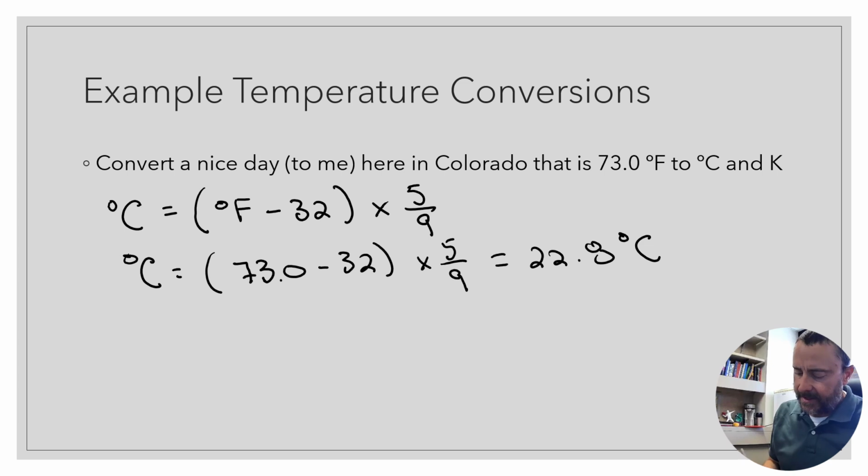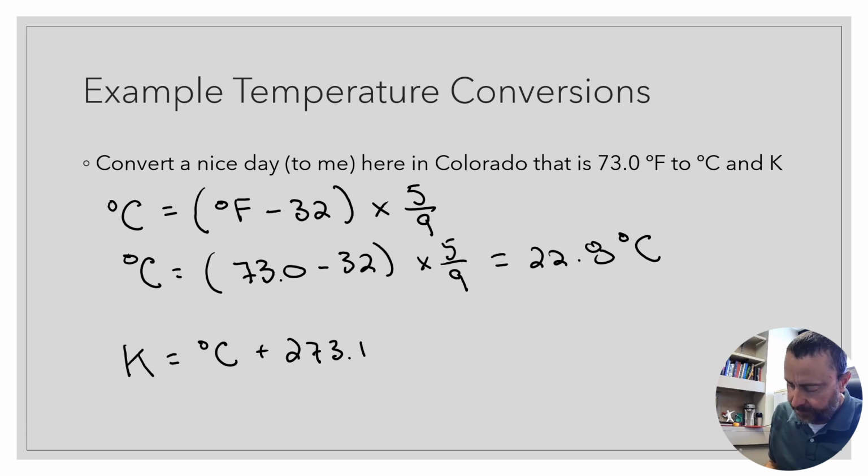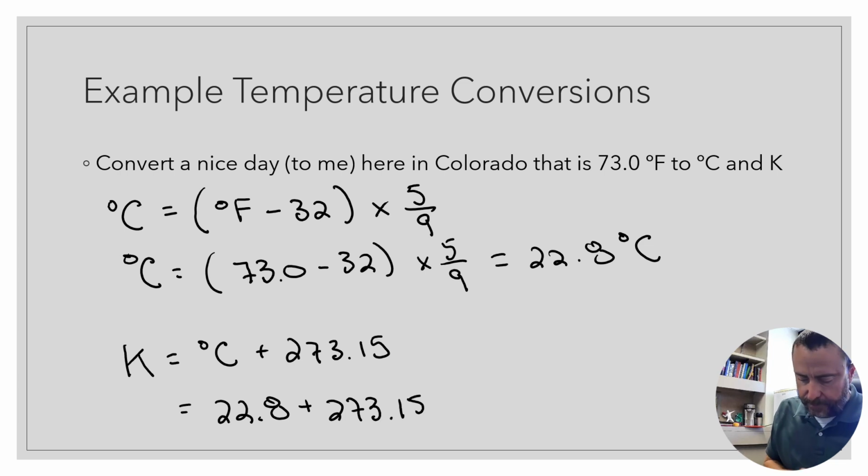Okay, now if I want to get Kelvin, Kelvins are equal to our degrees Celsius plus 273.15. So we have 22.8 plus 273.15, which is 295.95.